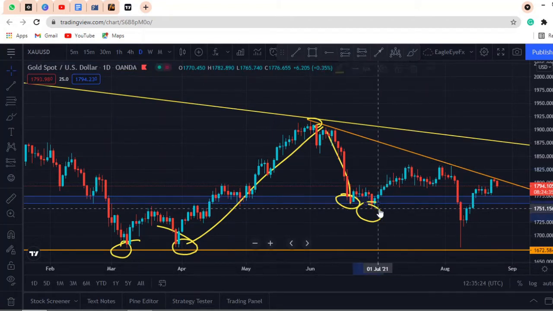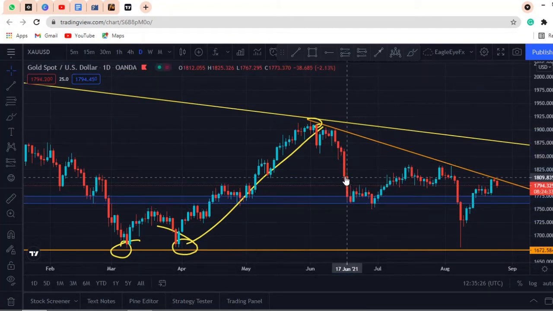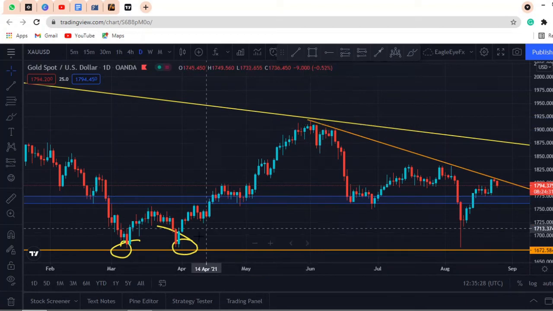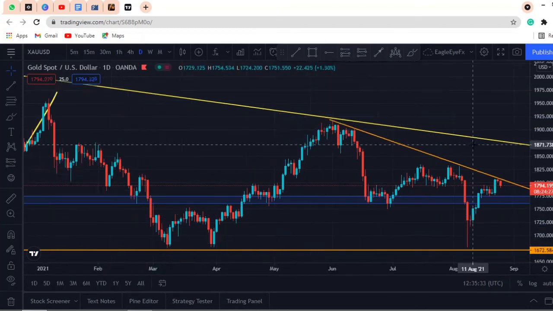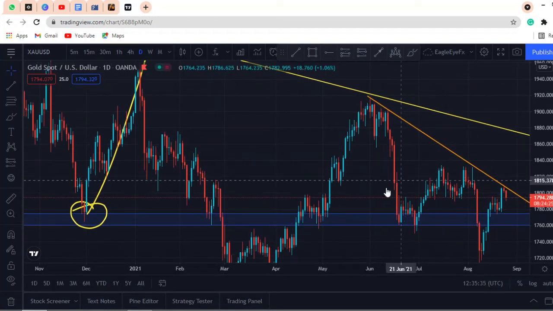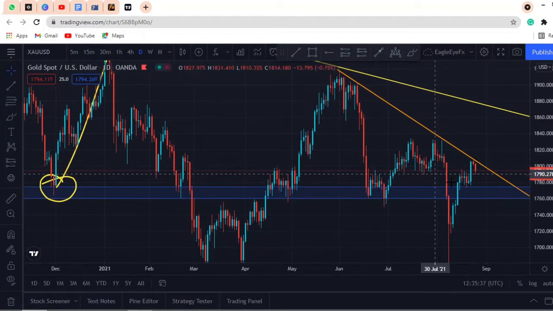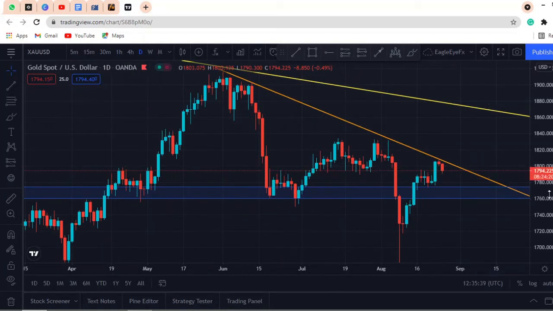We just predict based on price action, based on what we can see, and based on the behavior of the market. All right, so that's what I'm seeing there.